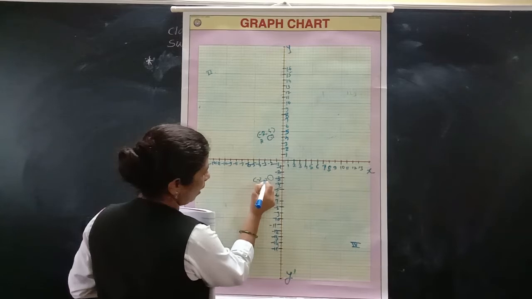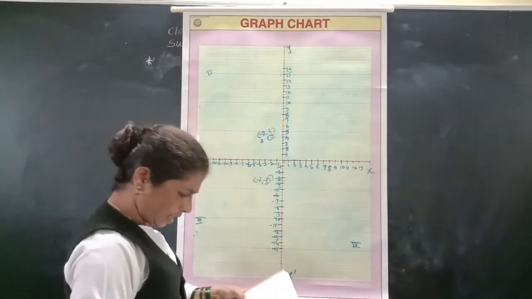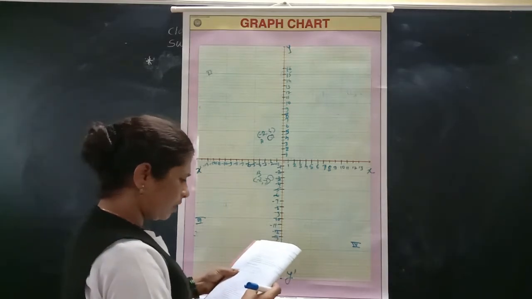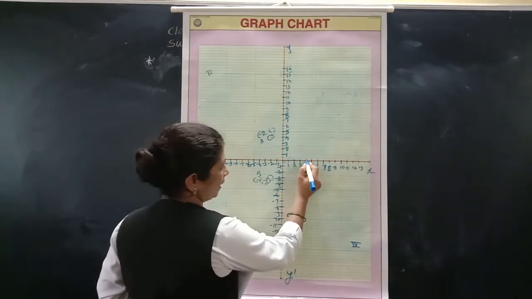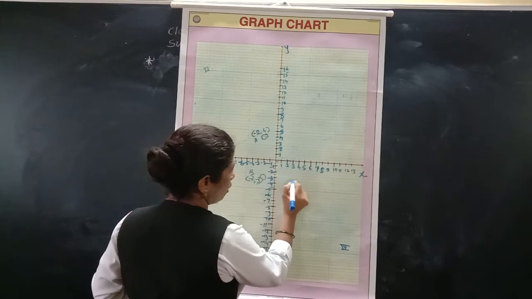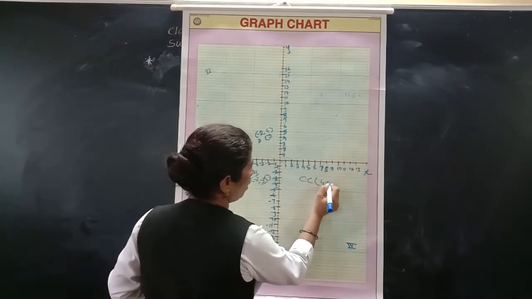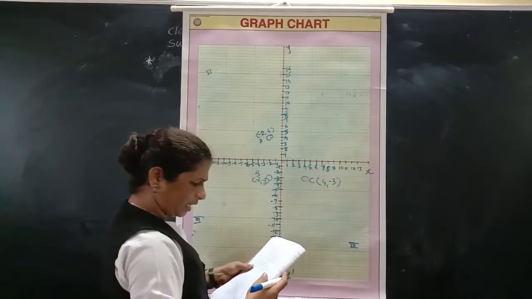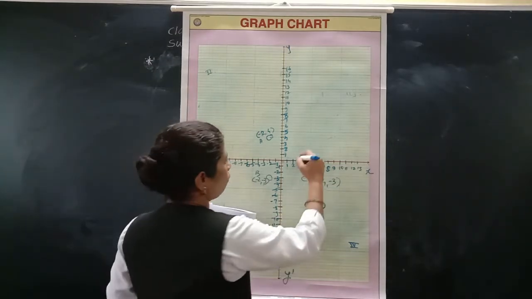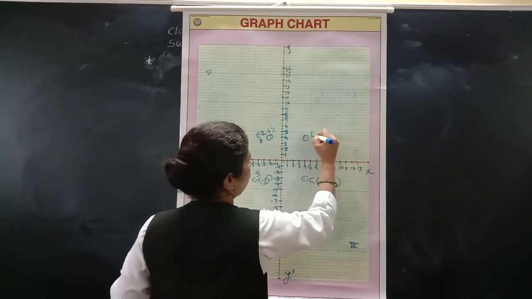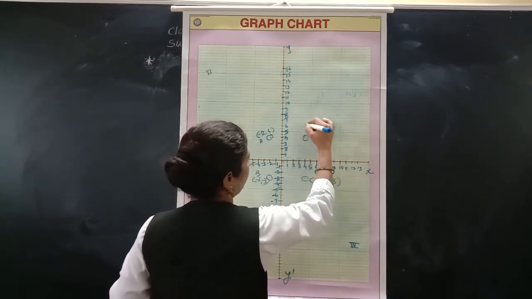Minus 2, minus 3, right? That is your B point. Then C is 4, minus 3: 4 of x-axis, minus 3 of y-axis. So 4, minus 3 is C, and D is 4, 4. 4 is positive and 4 is positive. Both are positive. So 4, 4. That is your point D.